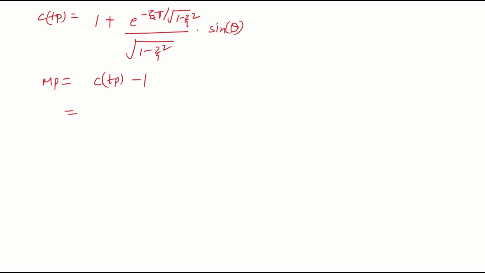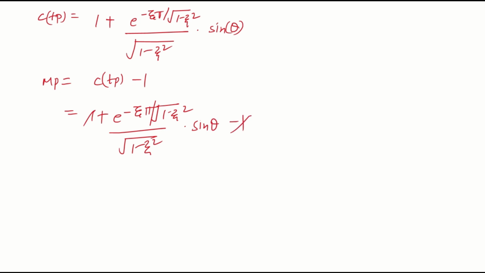So this will be 1 plus e raised to power minus zeta pi divided by root 1 minus zeta square, divided by root 1 minus zeta square into sine theta, minus 1. Again, this 1 and this 1 will get cancelled. So this will be e raised to power minus zeta pi divided by root 1 minus zeta square, divided by root 1 minus zeta square into sine theta.